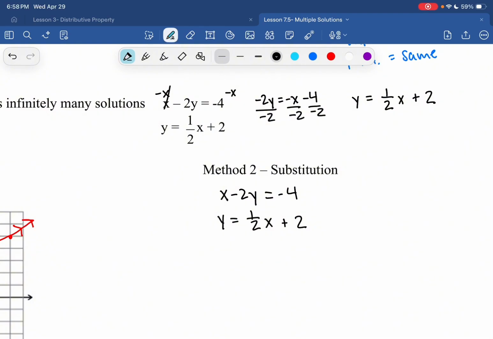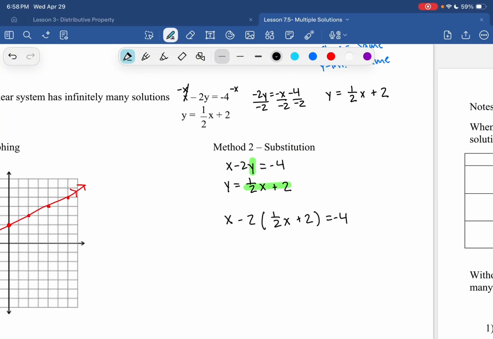And in this case, we already have one, right? y equals 1/2 x plus 2. So I'm going to use that value, and I'm going to plug it in for y. Now, we have to rewrite our equation. So we have x minus 2, parenthesis, 1/2 x plus 2, close parenthesis, equals negative 4.